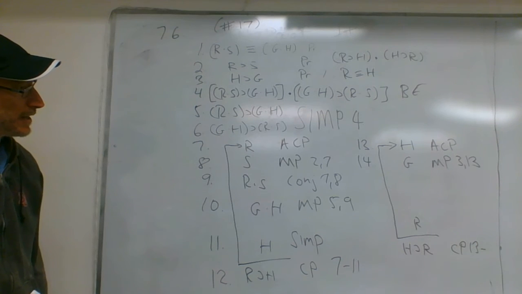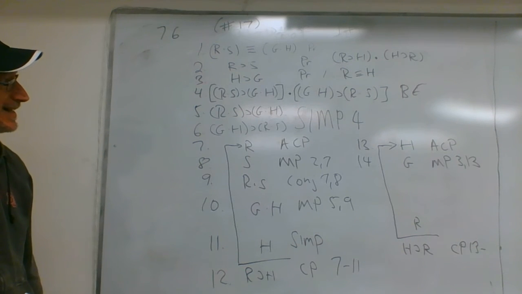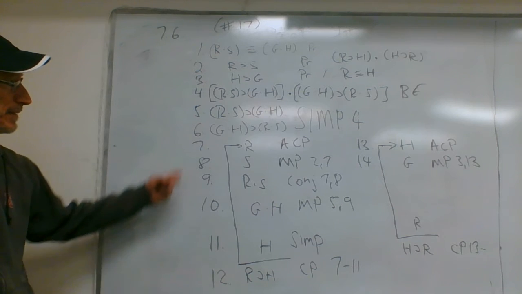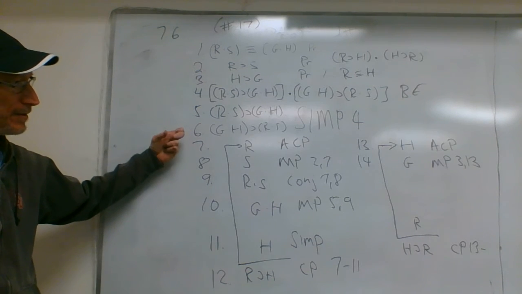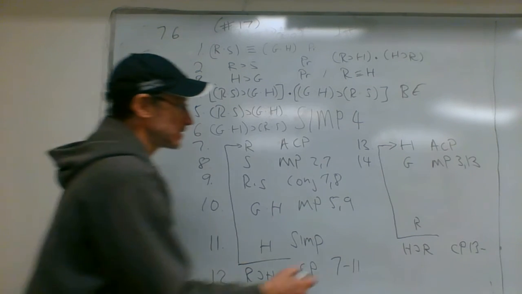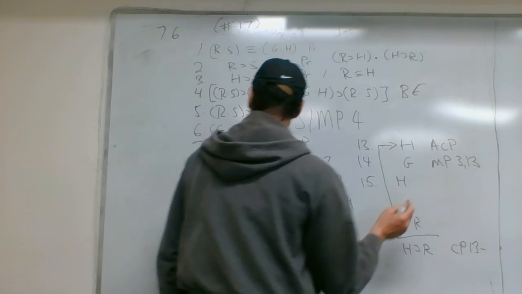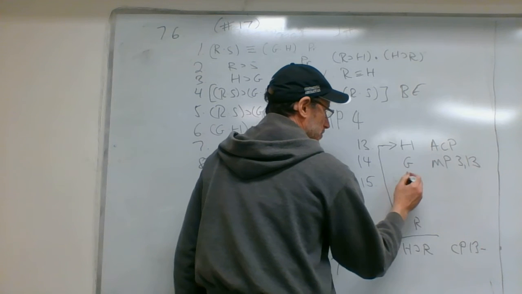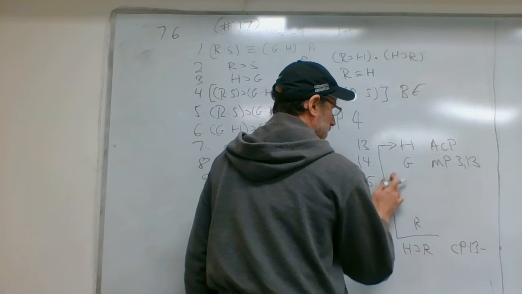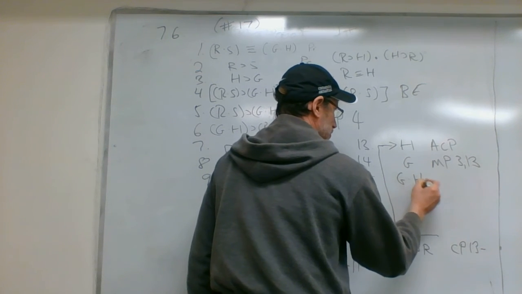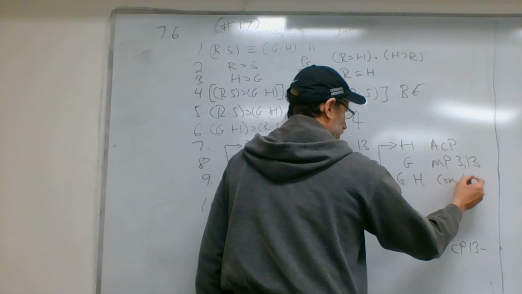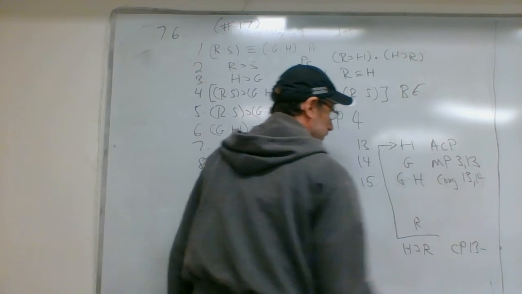And now I have G and H. I can combine them to get the antecedent of 6. So we'll do G dot H, combine them that way. G dot H, conjunction on 13 and 14.